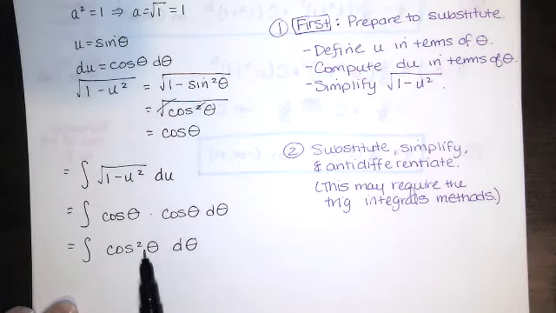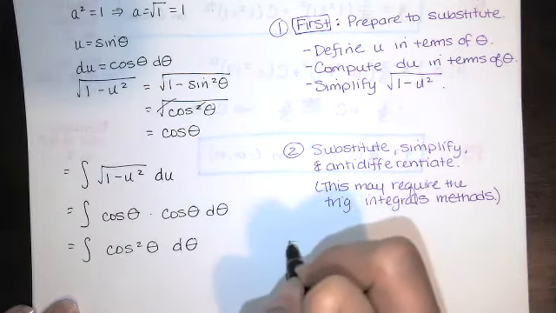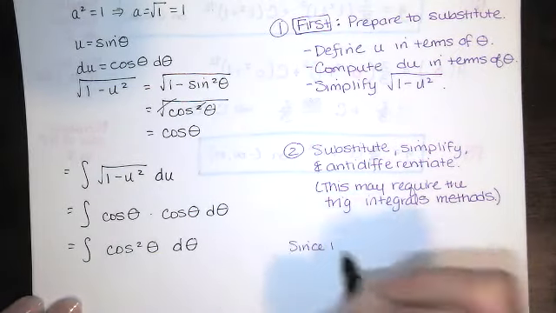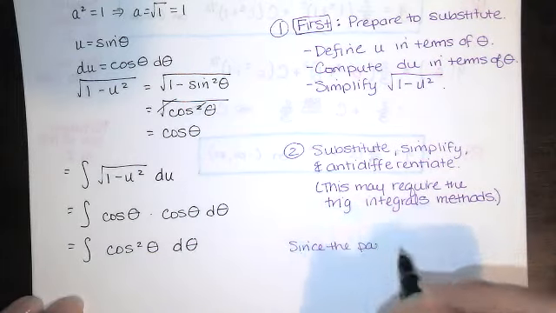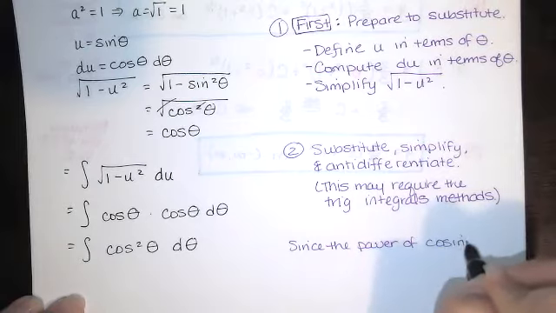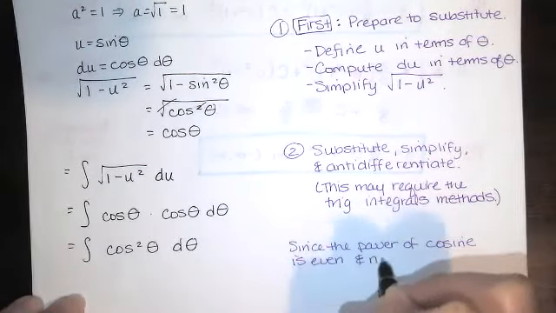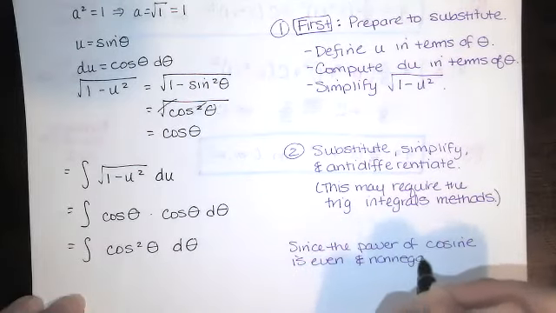I've got a power of cosine here, it's even. So we're going to use the power reducing formulas to write this in a form for which our basic rules apply. So it's even and non-negative. We want to do that.